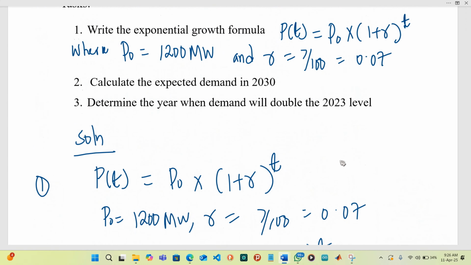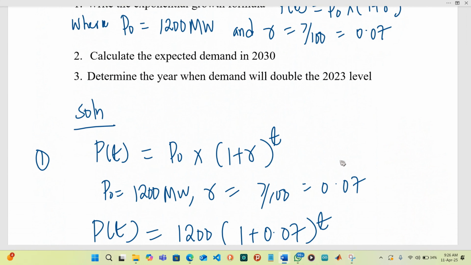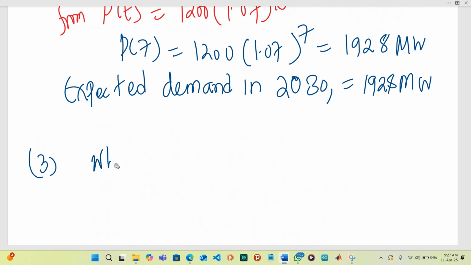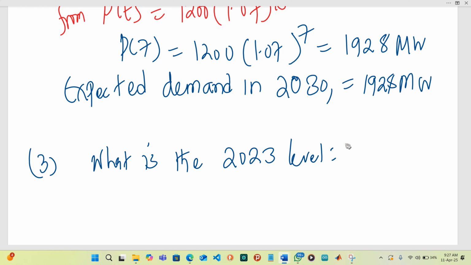So we continue. Number 3, we have to determine the year when the demand will double the 2023 level. The demand in 2023 was 1,200 megawatts.